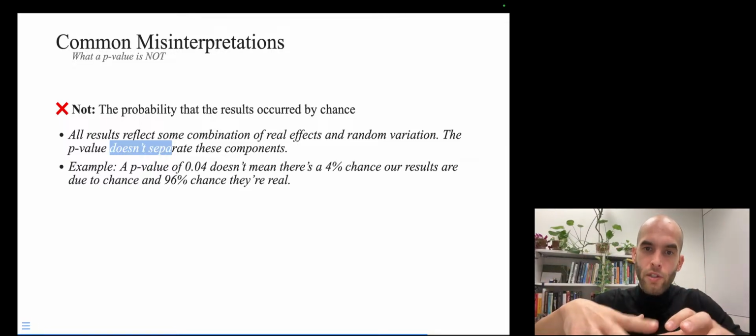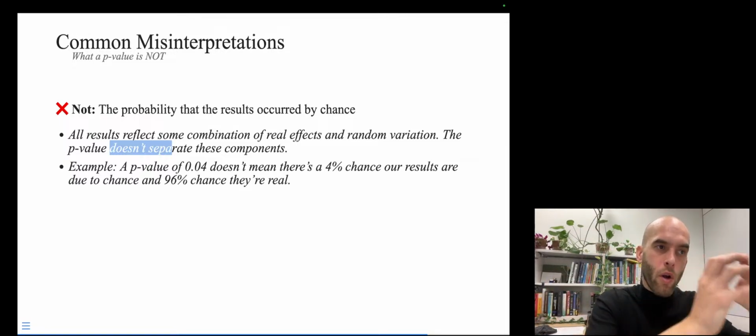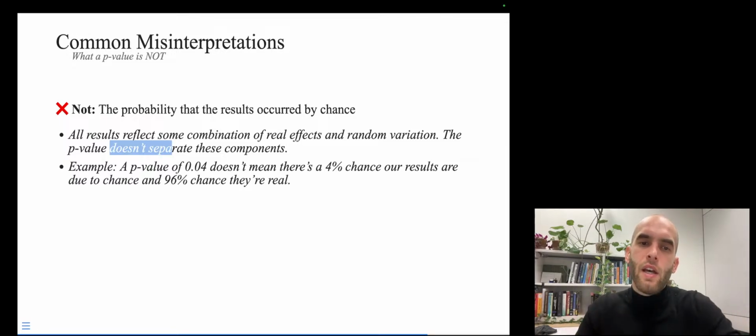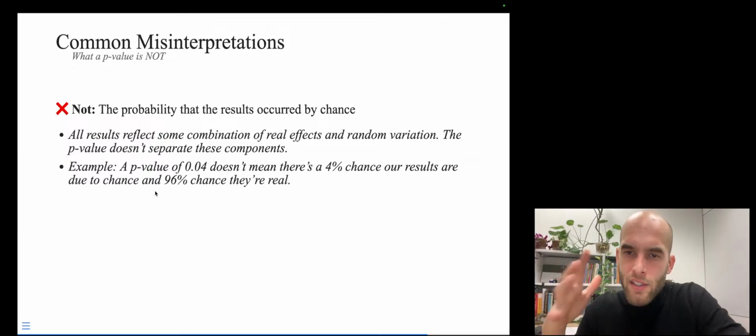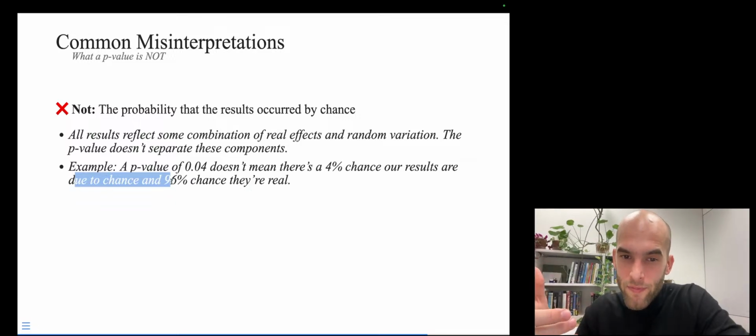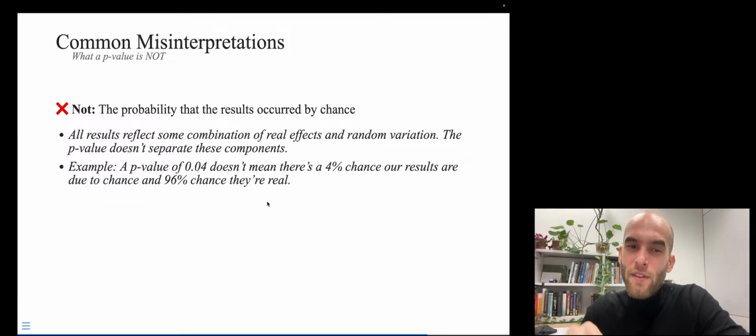So we have random variation, and then we have our real effects. A p-value of 0.04 doesn't mean that there's a 4% chance that our results are due to chance and 96% chance that they're real. This is not how you interpret it.